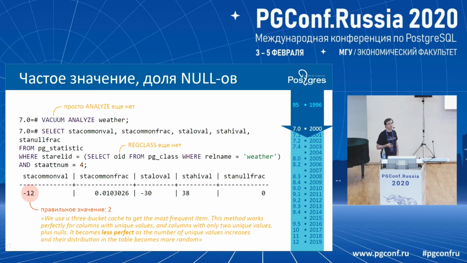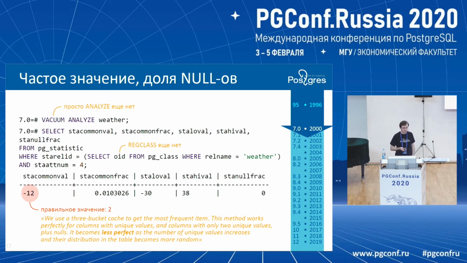How it looked like? We had a command vacuum analyze which collected the whole statistics in the database, and we did not need any scripts anymore. And the whole statistics was moved to PGStatistics in the same way as it's done right now. And we realized that the algorithm which was looking for the most common value was not the best one, because it was written for the case when we need just one most often value, or maybe 2 values.